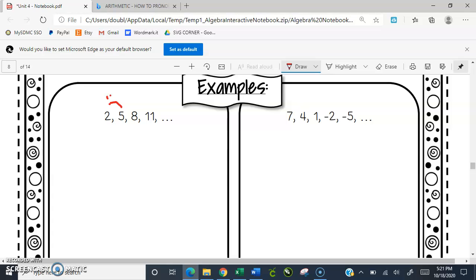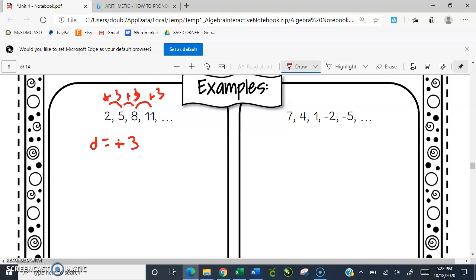Plus 3. 5 plus what gives you 8? Plus 3. 8 plus what gives you 11? Plus 3. So we know that our common difference is positive 3.